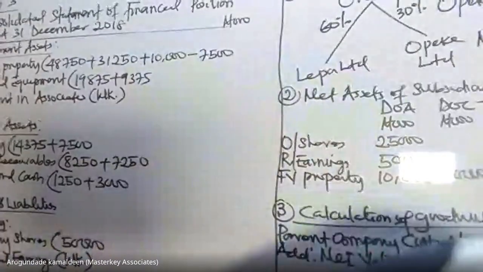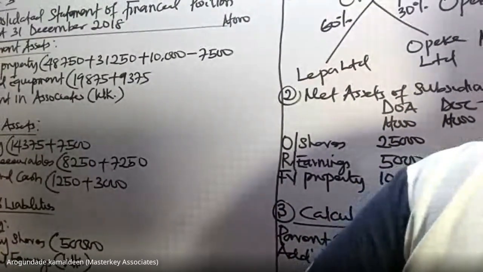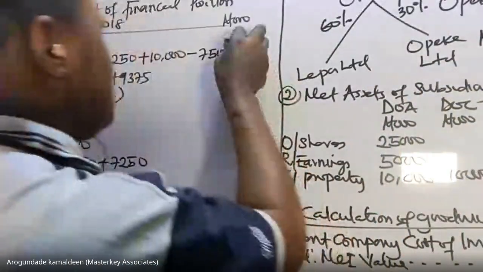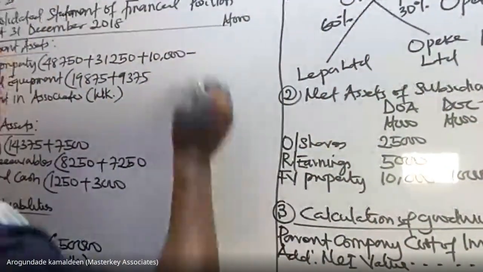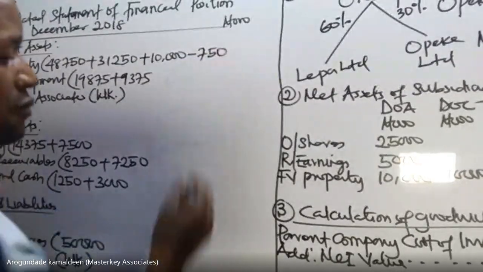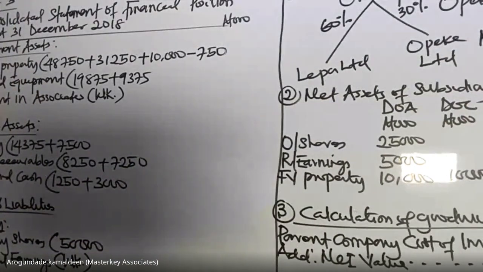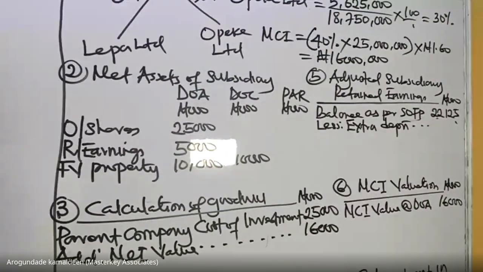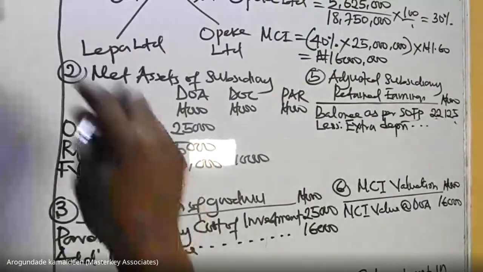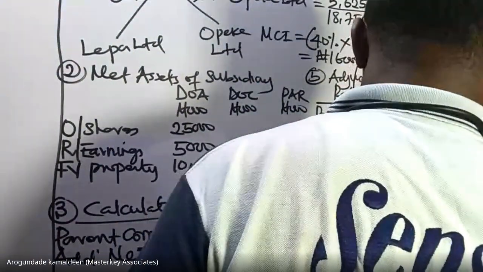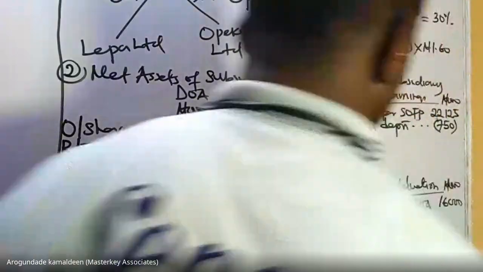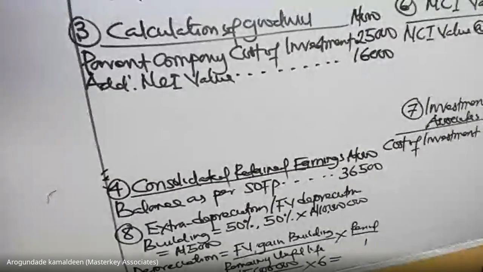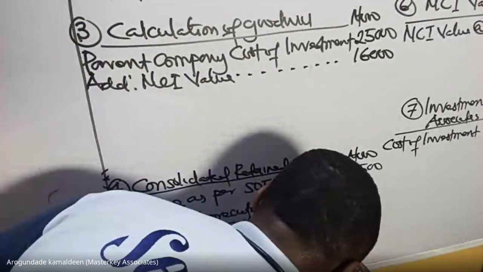Thank you so much. 750 from both, not 7.5. Funny enough, if we had used that, the account would still balance, but there is an error. $750,000.